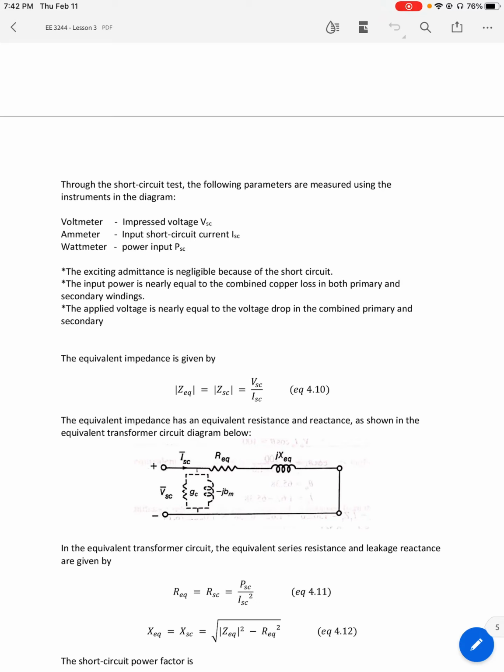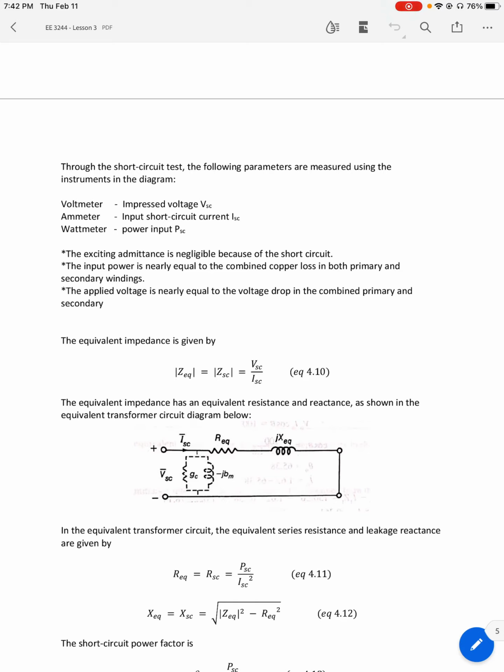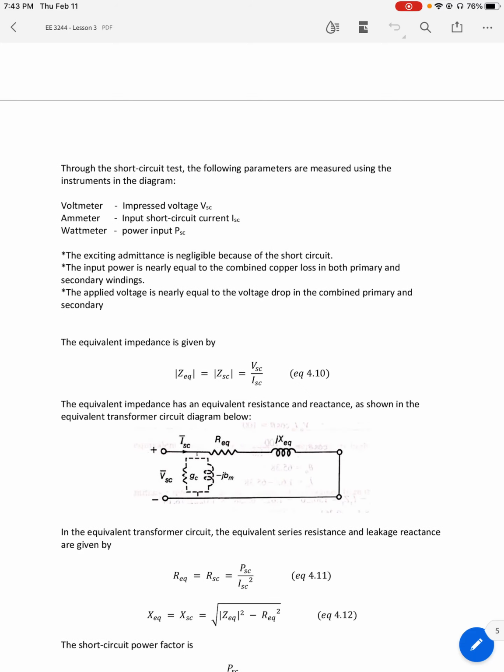So, masolve na to si REQ, equivalent series resistance, by dividing the short circuit power by the square of the short circuit current, and then we can solve the reactance from the equivalent impedance in equation 4.10. So dali ra kay gihatag na siya formula, class.